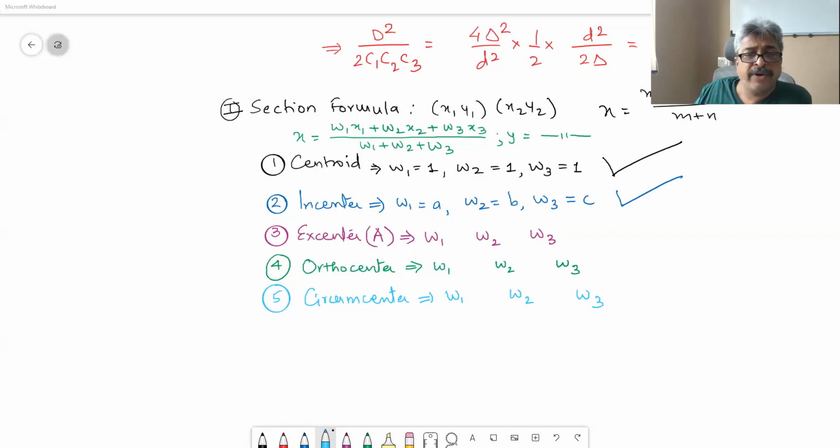Okay, the weightages are: incenter a, b, c. Excenter, if it is opposite to A, then it is minus a, b, c. Opposite to B will be minus b, and the remaining two will be positive. Opposite to C will be minus c, and a, b positive cyclically.